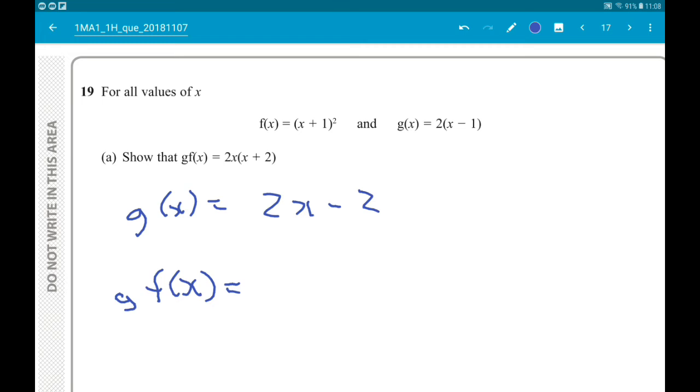So x add 1 squared. So g f of x is 2 lots of x add 1 squared minus 2.